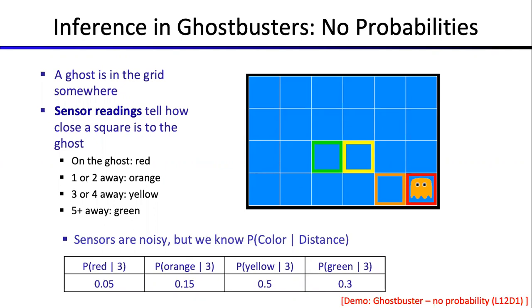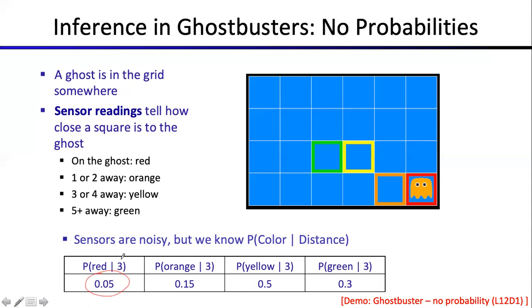and if red color appears, that means you have clicked on a cell where the ghost is, right? If the color red appears, the probability that the red color indicates that you are very, very close to the ghost, or you are present in a cell that contains the ghost, that probability is around 0.05.